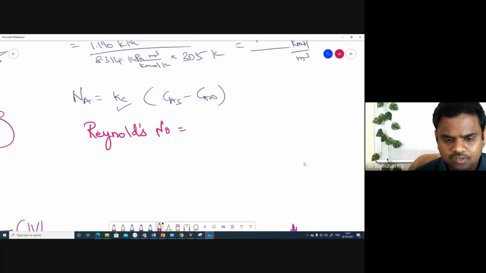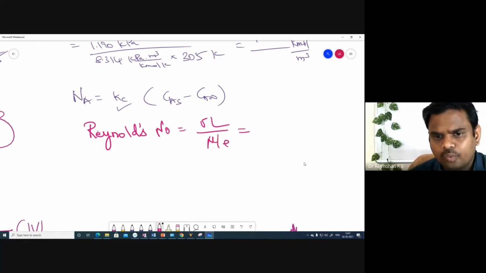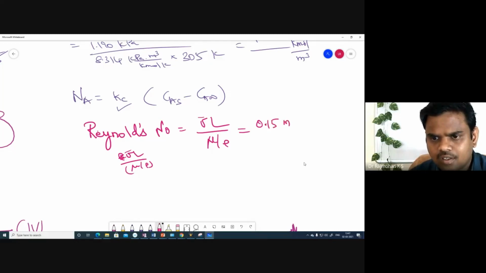Reynolds number is equal to rho Vl by mu. If you take rho to the denominator, we will have mu by rho. So we have Vl divided by nu. V is the average velocity, which is given as 0.15 meter per second, and the length is given as 1.2 meters.